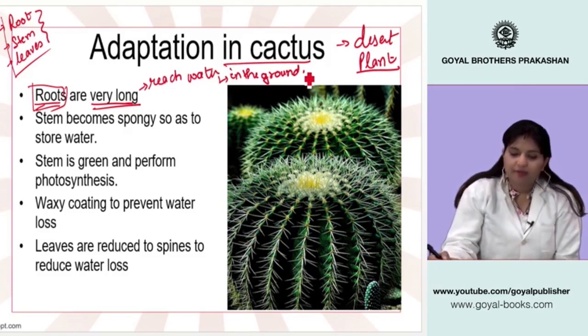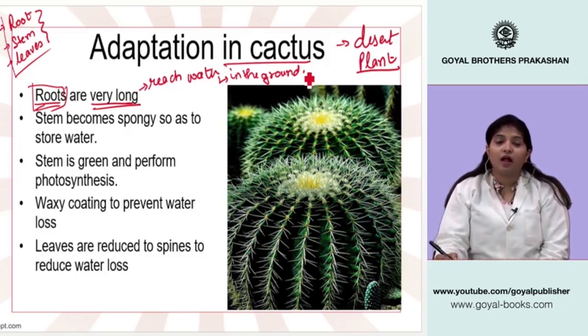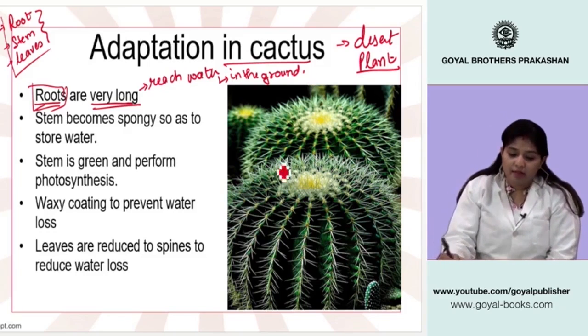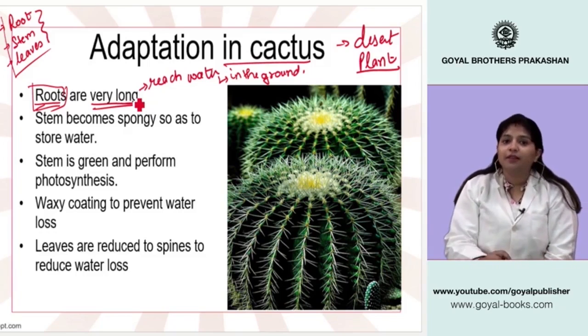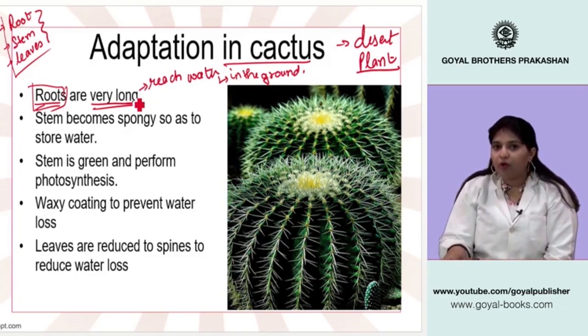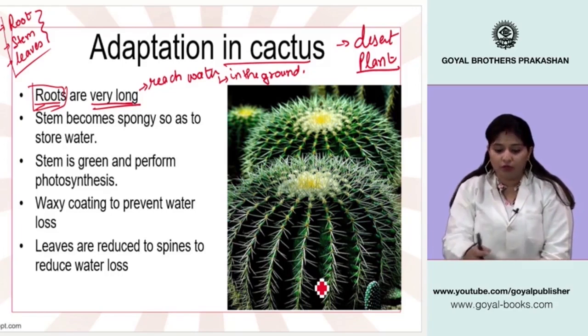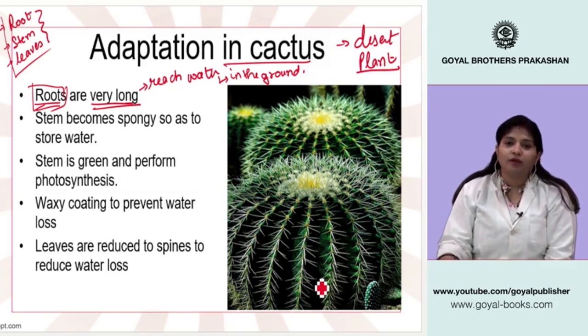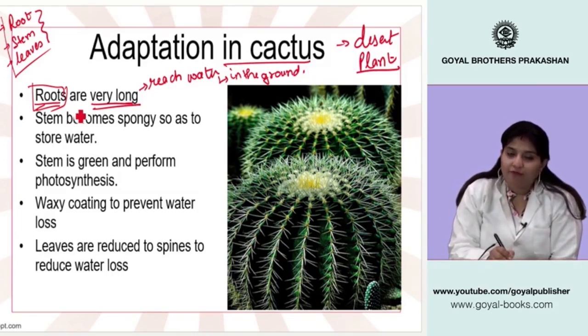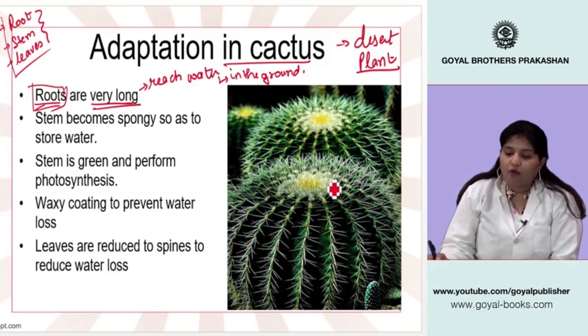So because it is a desert environment where there is scarcity of water, the roots grow longer into the ground in search of the groundwater. Wherever there is groundwater, the roots tend to move towards that water, right? So the roots are very long in the case of cactus.